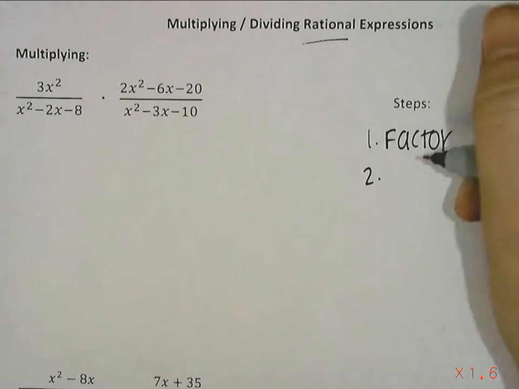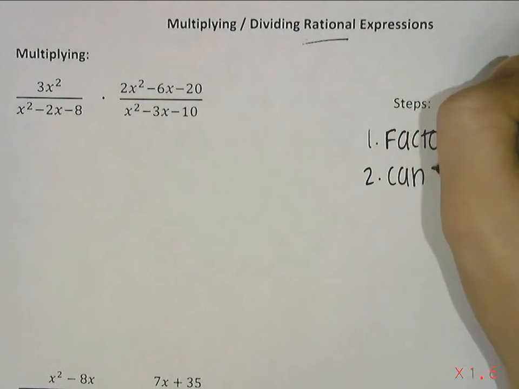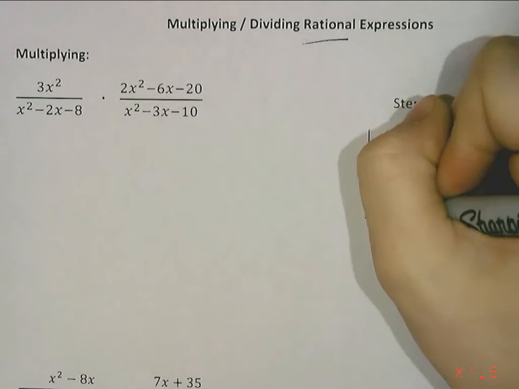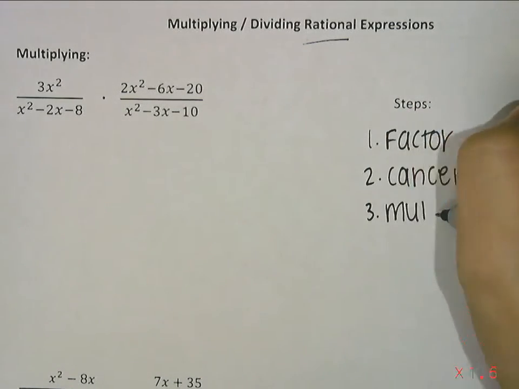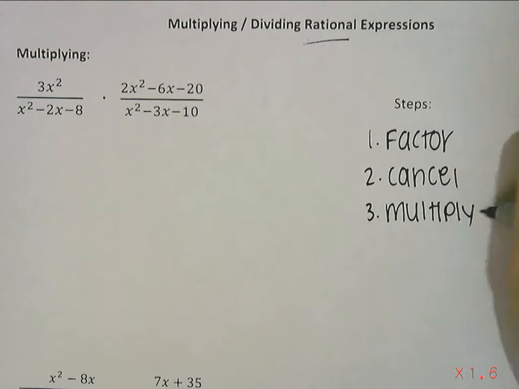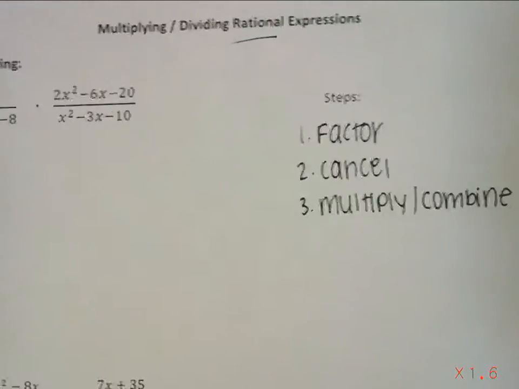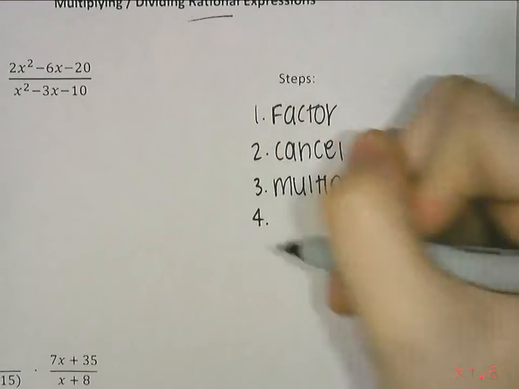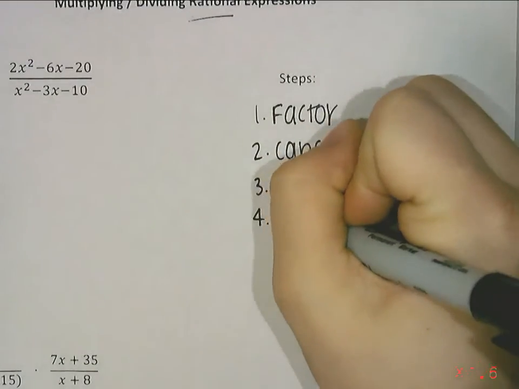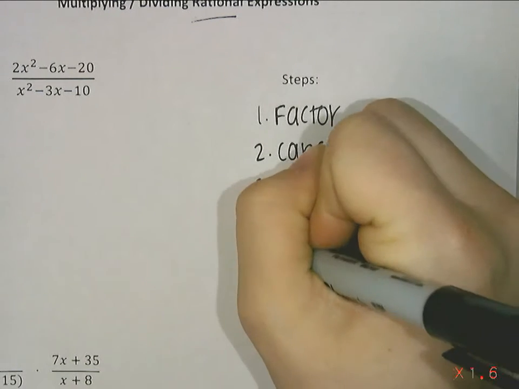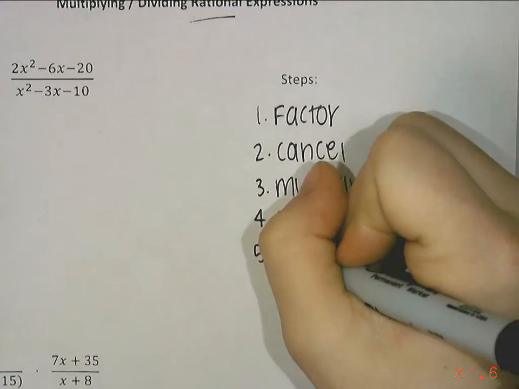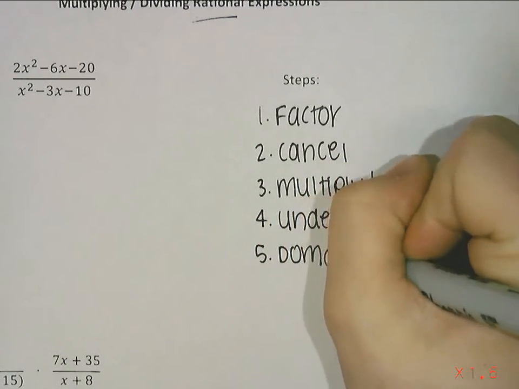Step two is to cancel. Step three is to multiply or to combine them. Step four is to find the undefined terms. And step five is to find the domain.